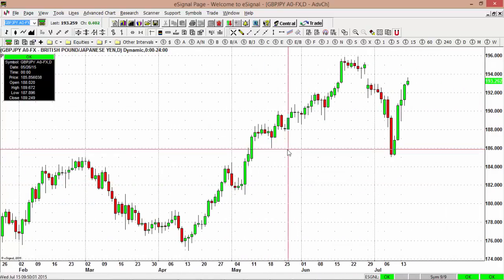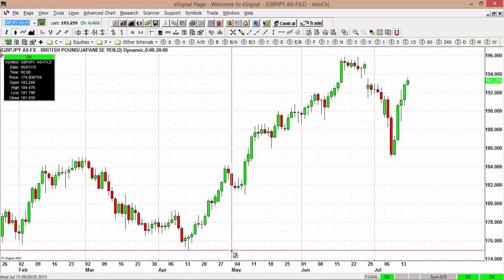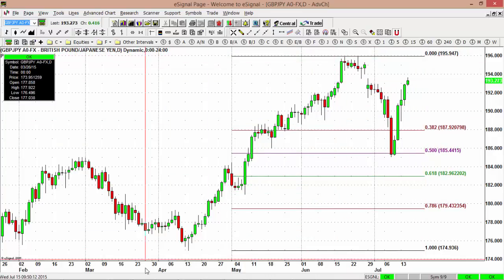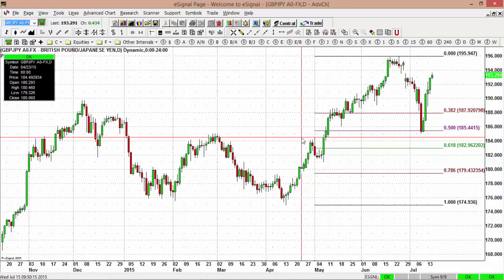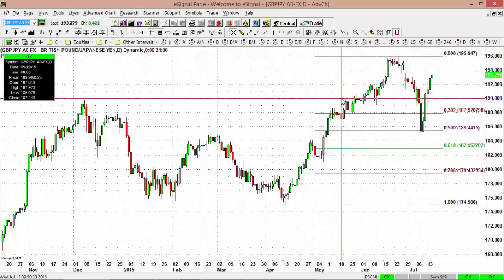And the market came down to the 50% Fibonacci retracement level, and has bounced significantly. Now, the British pound pairs often will retrace further than the 50% retracement level. It could go to the 618 or the 786. But in this case, the market went to the 50% retracement and is heading back up, and that shows some strength in these British pound pairs.